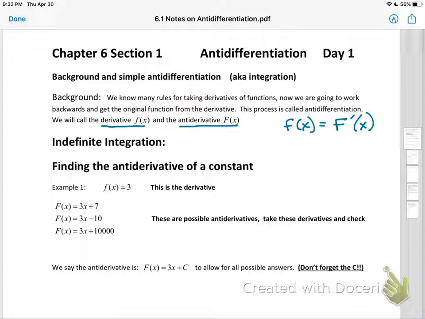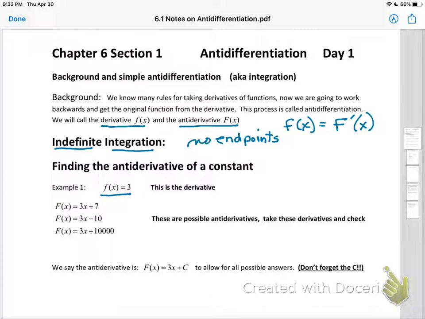We're going to do something called indefinite integration. Basically there are no endpoints. We'll get into this later on, but there are no endpoints with indefinite integration. So, finding the antiderivative of a constant. If your f of x is 3, and that's the derivative, what was it before you took the derivative?